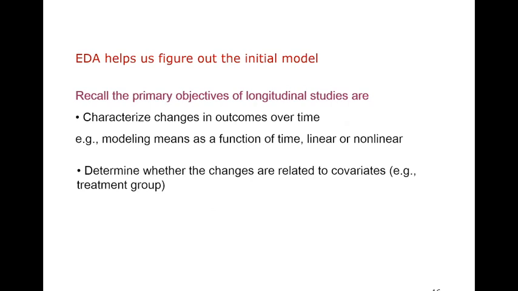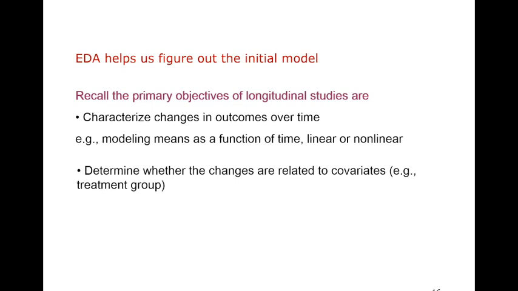So in summary, EDA helps us figure out the initial model. Recall our objectives of a longitudinal study are to characterize changes in outcomes over time and determine whether the changes are related to covariates.